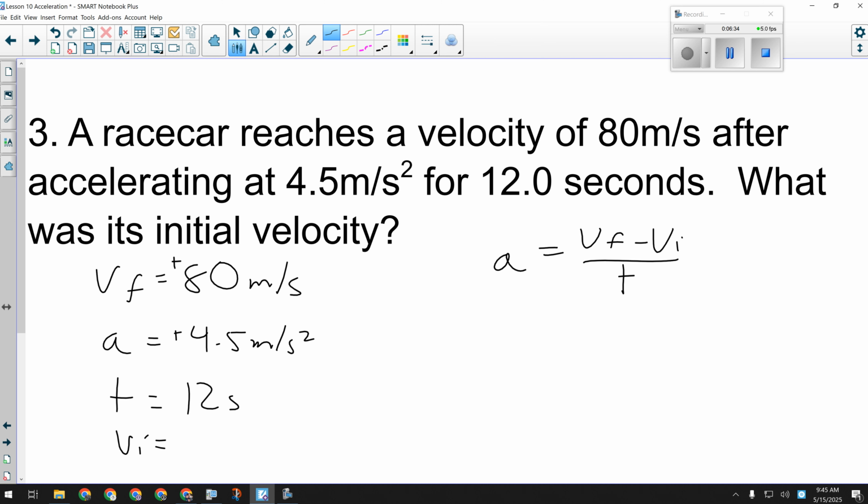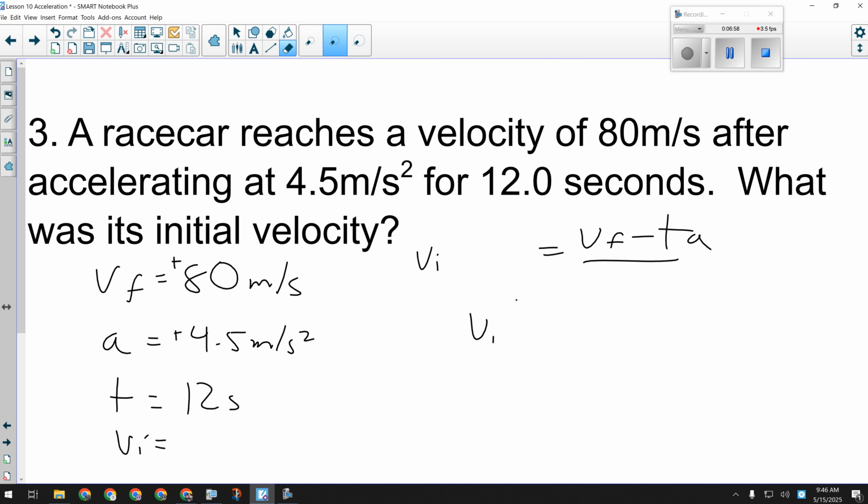So I've got to bring T over here, right? So I'm going to multiply both sides by T so that it comes to the other side. And then the way I do it is I add VI over to the other side, and then I subtract T times A to come over here. That's going to solve for VI.